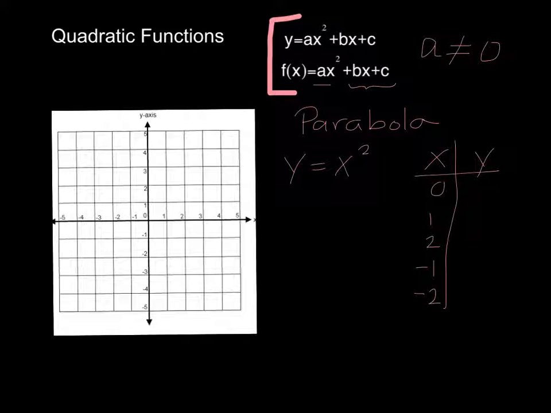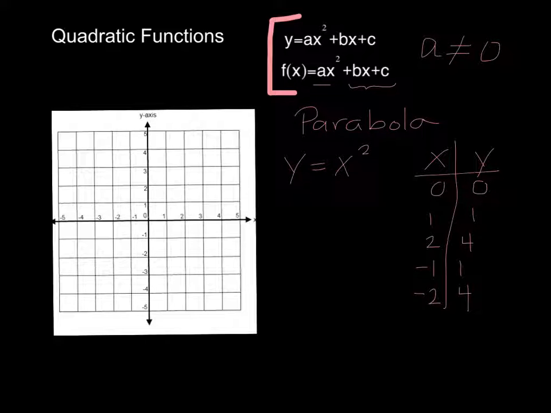So we know that if x is equal to 0, 0 squared is 0. If x is equal to 1, 1 squared is 1, and so on. 2 squared will give us 4, negative 1 squared will give us 1, and negative 2 squared will give us 4 again.